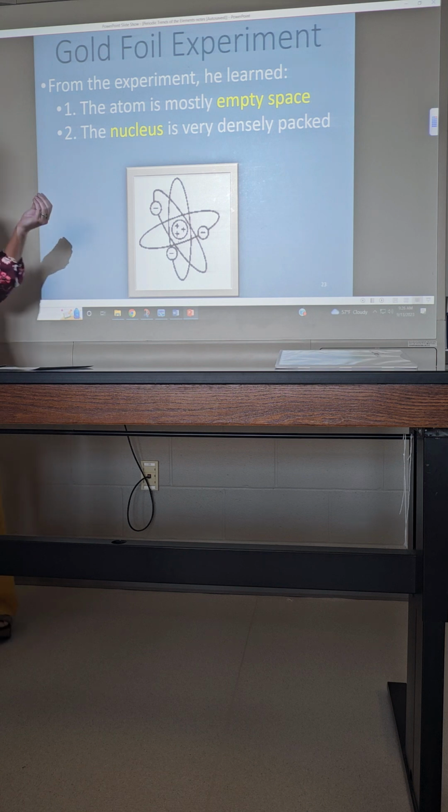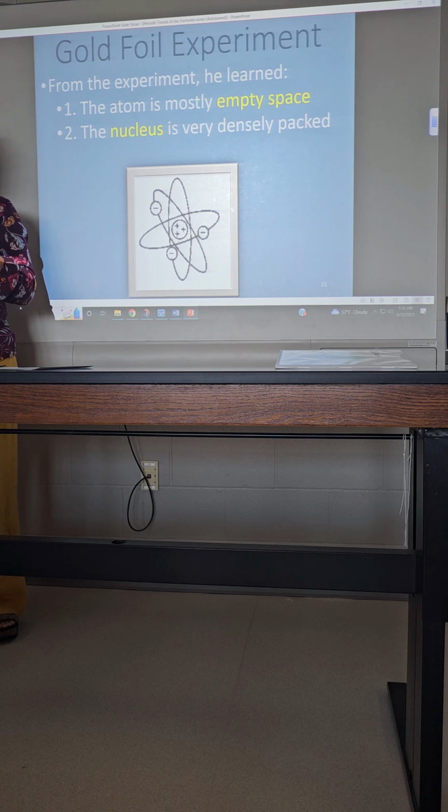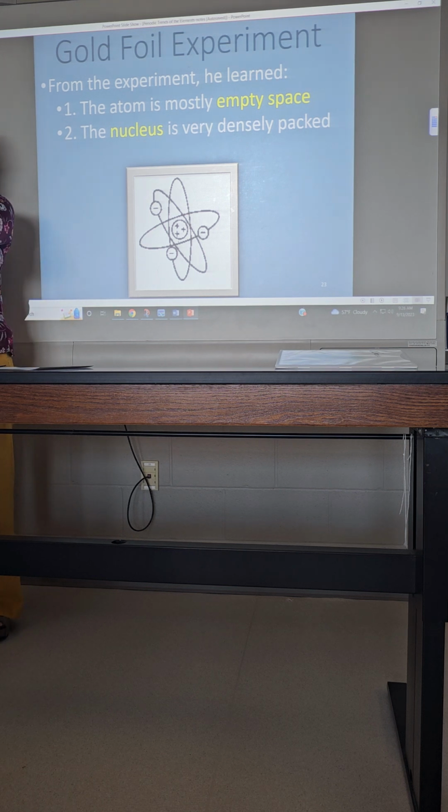It also let us realize that the nucleus is very dense and very, very tightly packed. If the nucleus was not dense, it would allow those alpha particles to go through it as well. But it's like it was hitting a solid mass, and so as the alpha particle would hit that, it reflected a few of them.